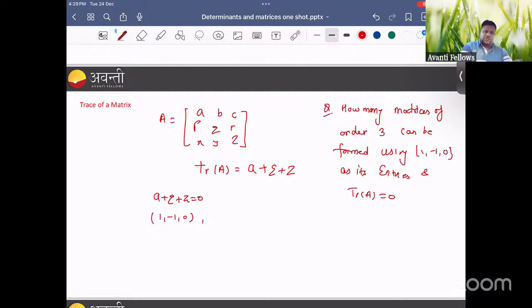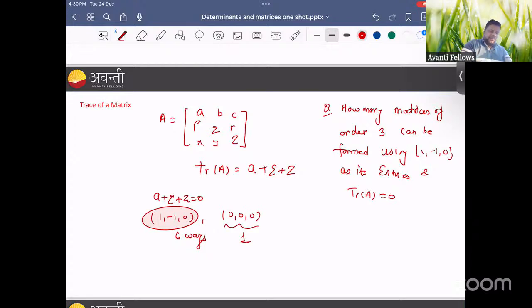Trace will go 0. Or if I take diagonal as all 0, trace will be 0. Now, in this case, you can form the diagonal in 6 ways. And in this way, this is the one way to form the diagonal.